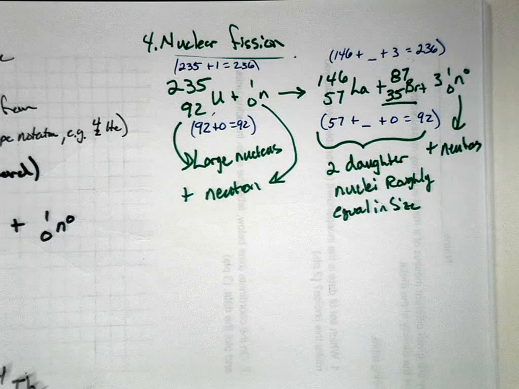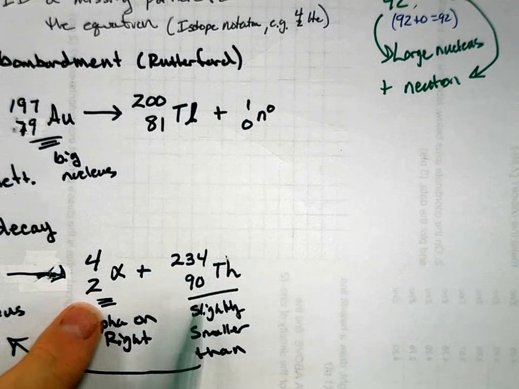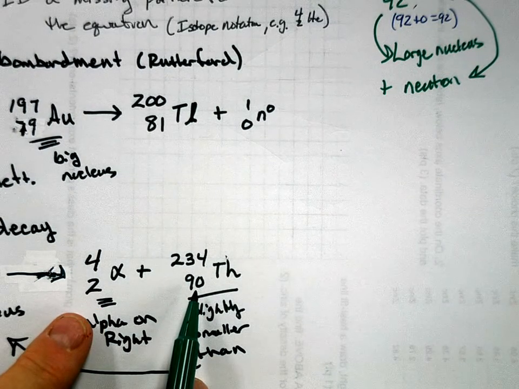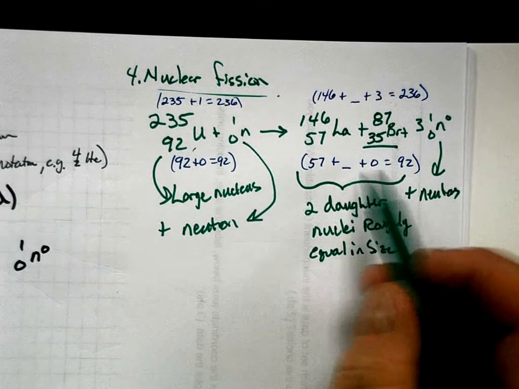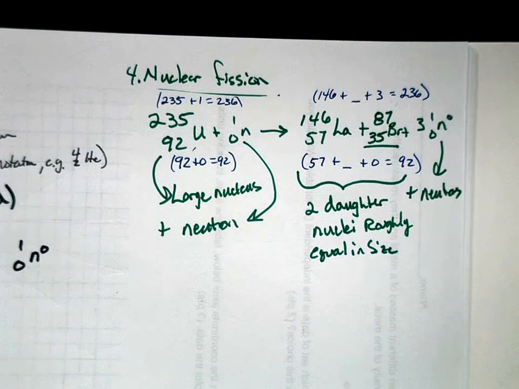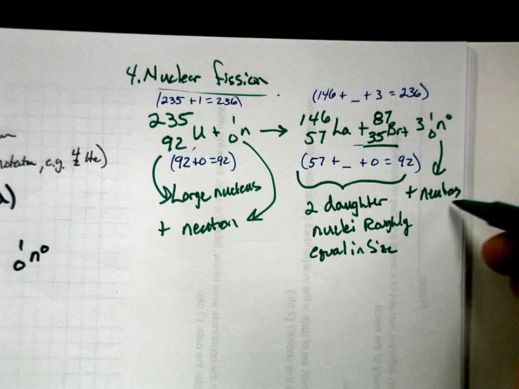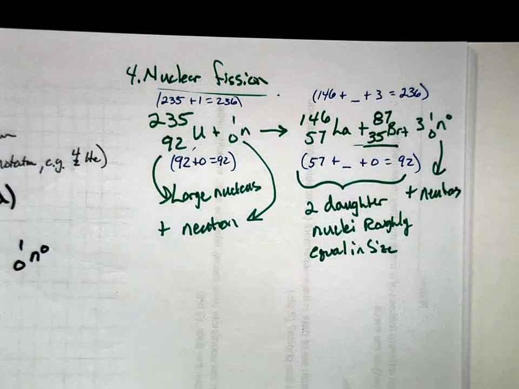So it's not this over here. This is an alpha particle and this is still a really big nucleus. Over here, we have two medium-sized nuclei roughly equal in size. You can tell by the atomic numbers. Plus some neutrons. That's nuclear fission.